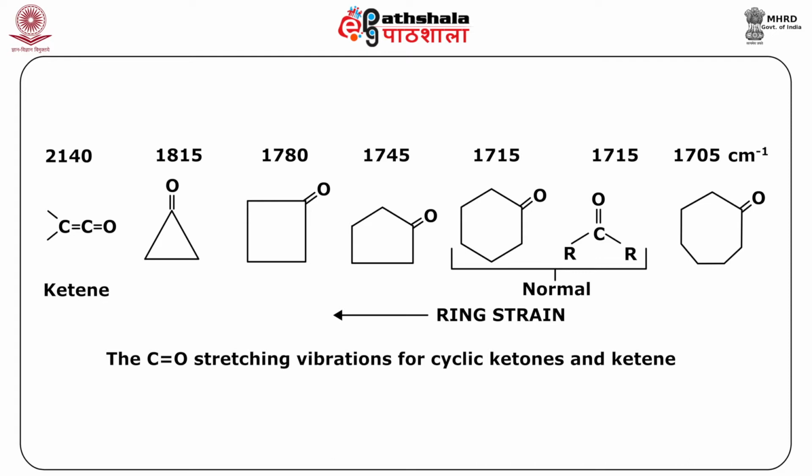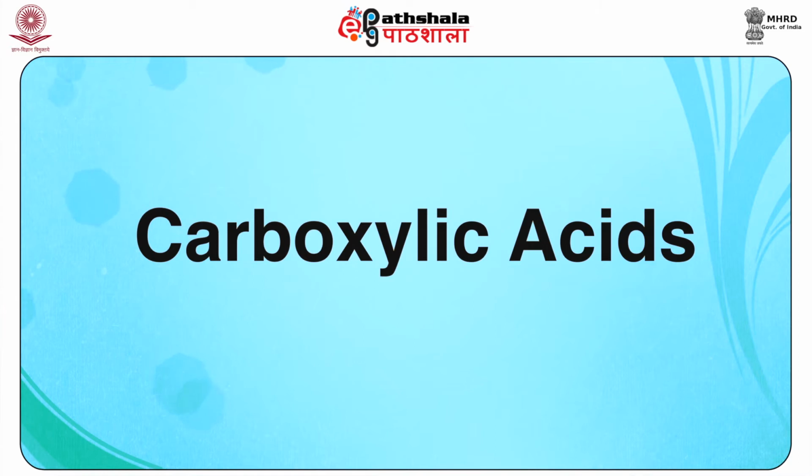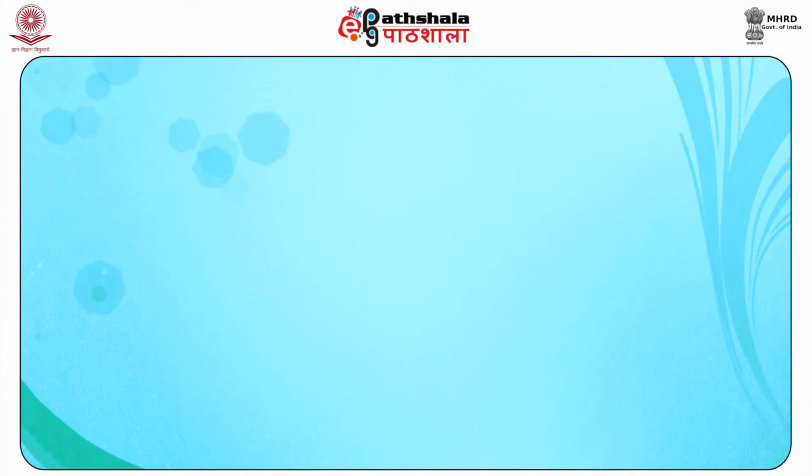Now, as you can see in the figure, we have various ring sizes and the aliphatic ketones and their stretching frequency values. You can see as the ring size decreases, the stretching frequency value increases due to more drastic ring strain. Let us now come to another class of carbonyl compounds, which is carboxylic acids.